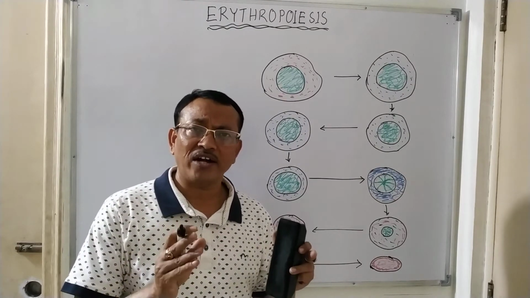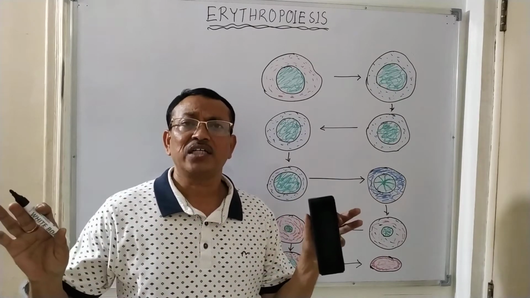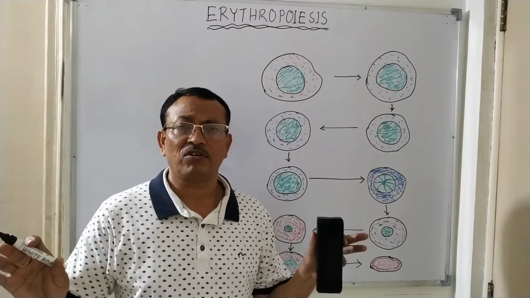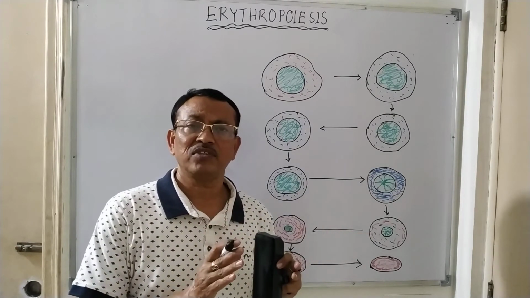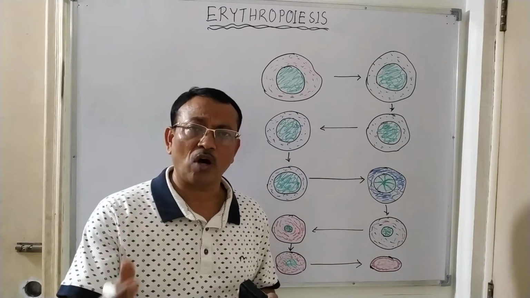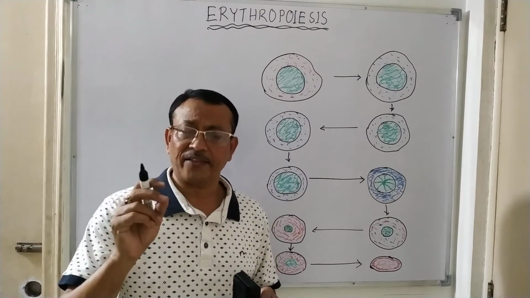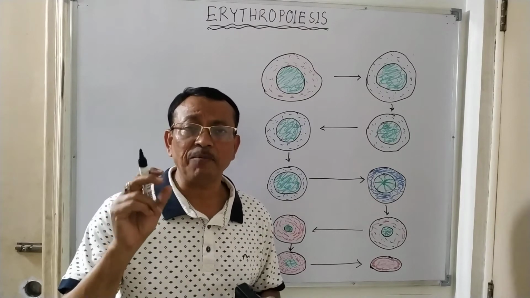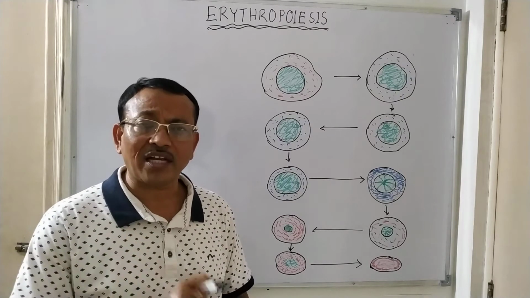From the myeloid stem cell series, three categories of stem lines are developed. One is the CFU of E series that develops into RBC. Another is the CFU of M series that develops into megakaryocytes or platelets.